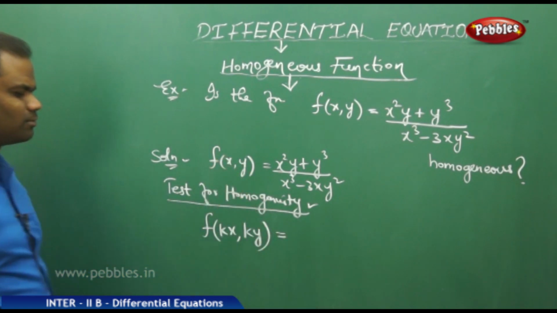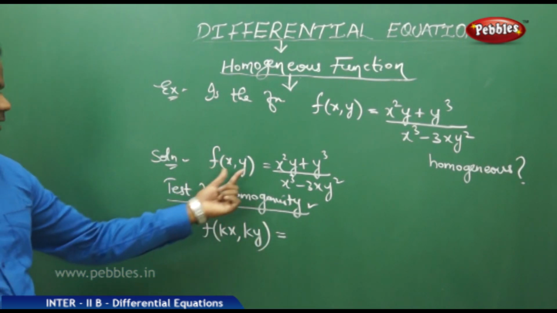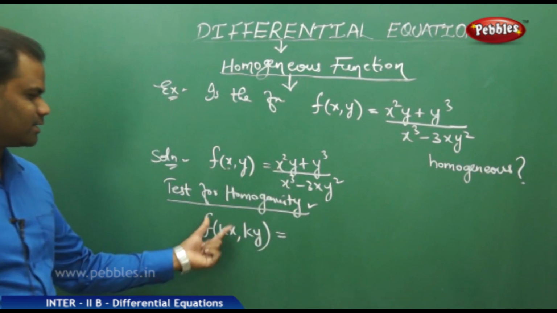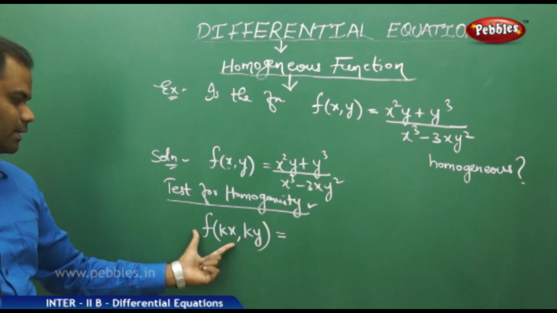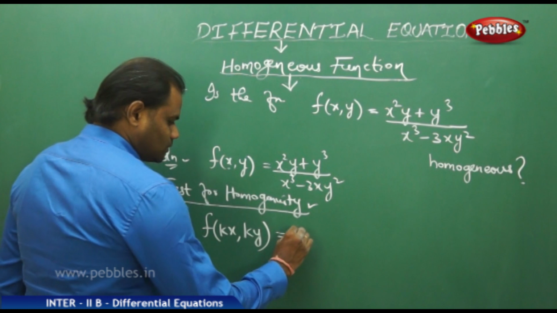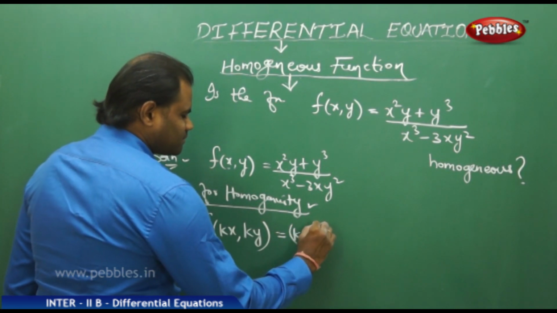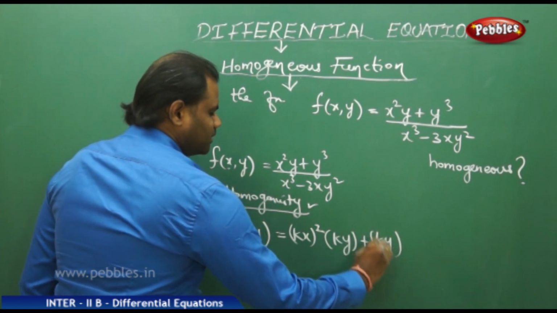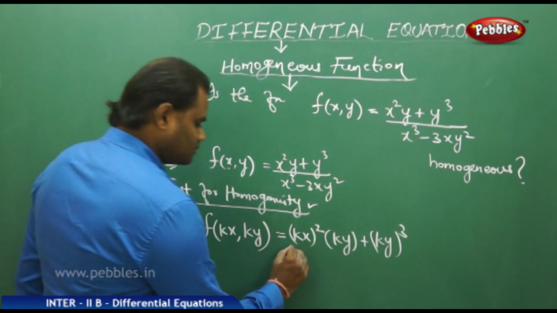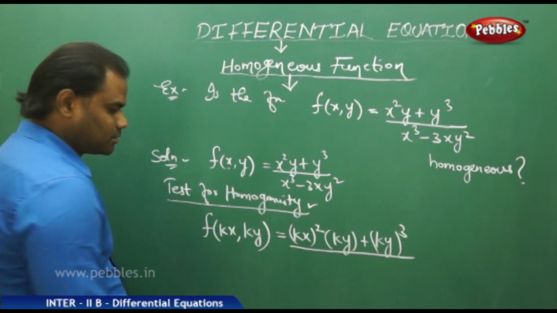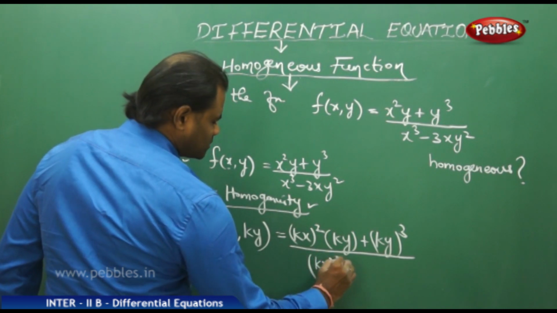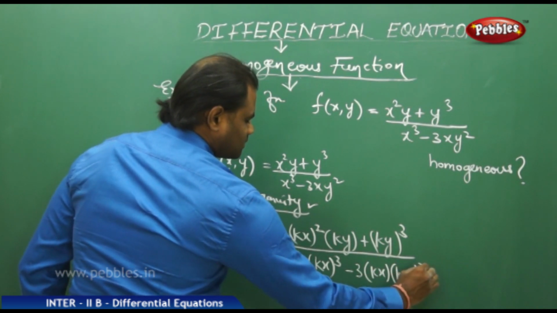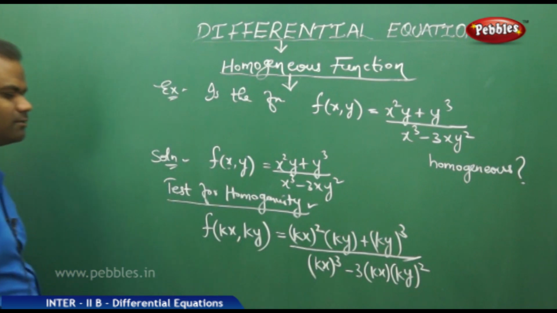In place of x I have kx, in place of y I have ky, so x is replaced with kx and y is replaced with ky, and similarly y cube is replaced with ky cube, and whole by, similarly in the denominator, x gets replaced with kx whole cube minus 3 times kx and ky is what we get.